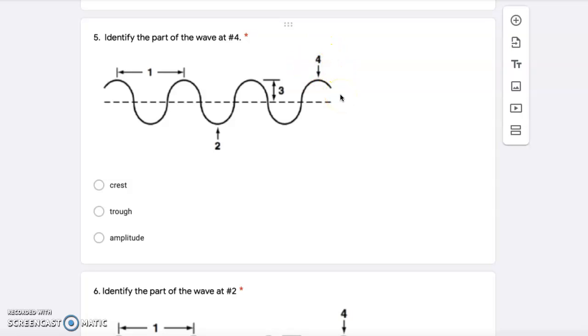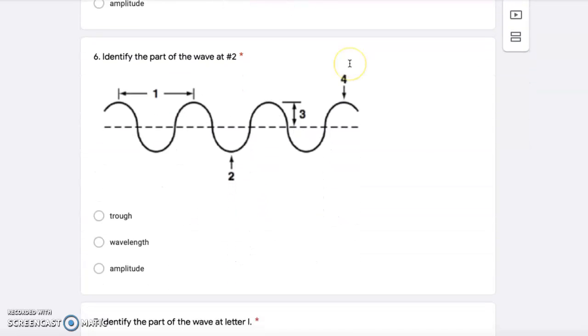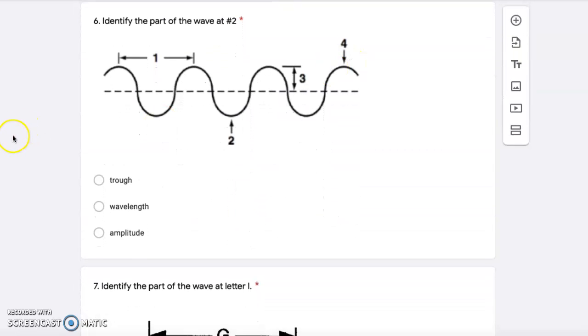Crest, trough, or amplitude. Number 6. Identify the part of the wave at number 2, which is down here. Trough, wavelength, or amplitude.